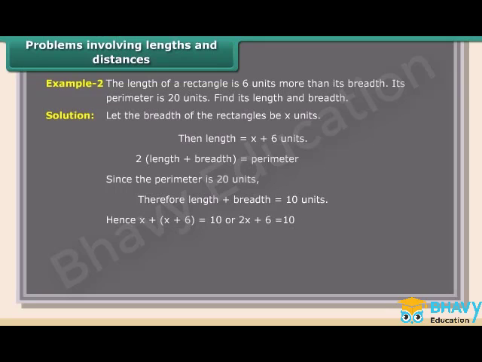Hence x plus x plus 6 is equal to 10, or 2x plus 6 is equal to 10. Therefore 2x is equal to 4 and x is equal to 2. Breadth is equal to 2 units. Length is equal to 2 plus 6 is equal to 8 units. Length is 8 units.